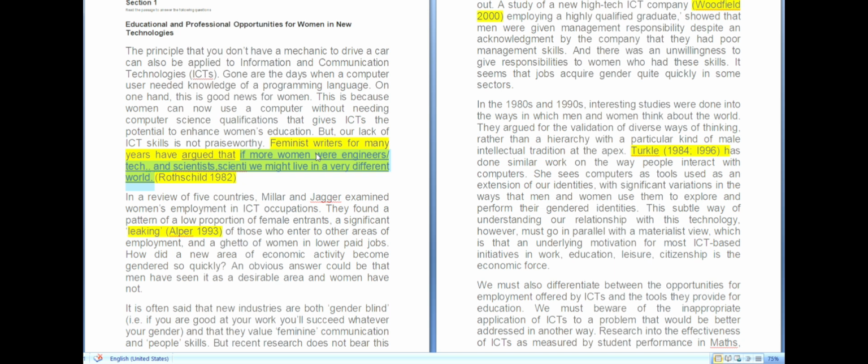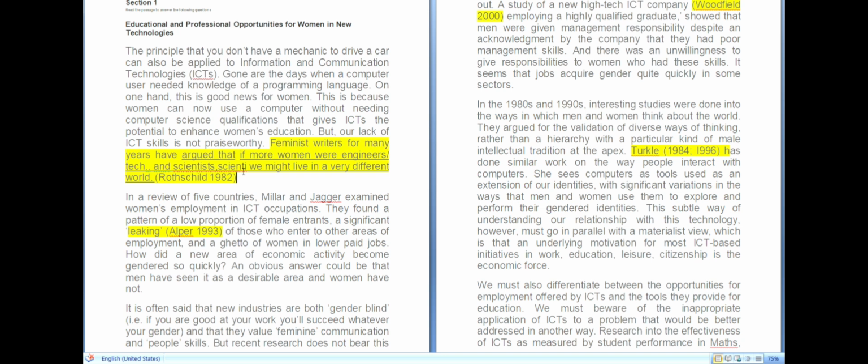So now we understand and see which option is matching to what. So here it says, if more women are engineers, engineers means it is speaking about technology. And then it says, and scientists, that means it is speaking about the laboratory, the science work. We might live in a very different world.